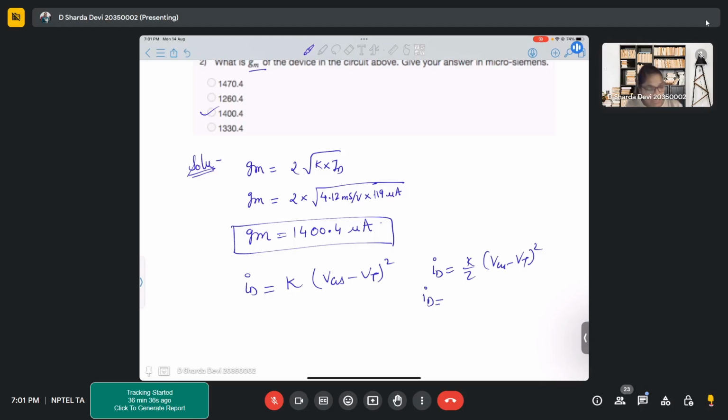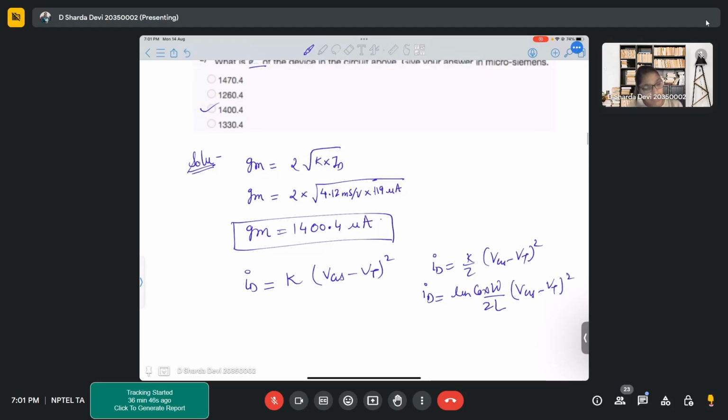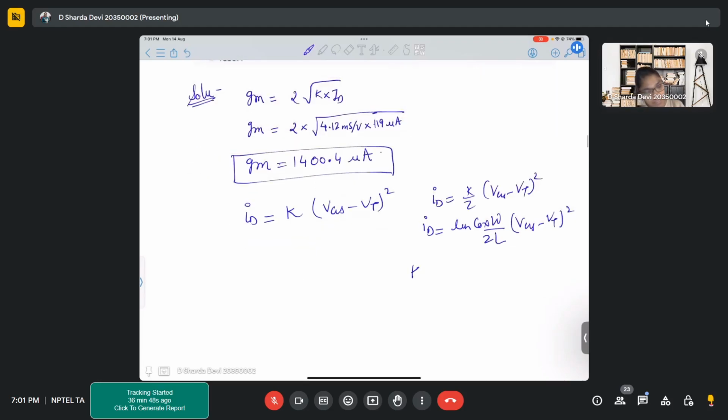In real, the basic value is mu n Cox W by 2L (VGS minus VT) whole square. Sometimes people report K as mu n Cox W by 2L, whereas sometimes people report it as mu n Cox W by L. So in these two cases, there is a discrepancy of two, and sometimes it does appear.